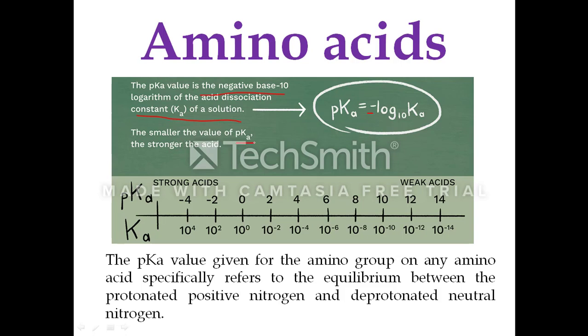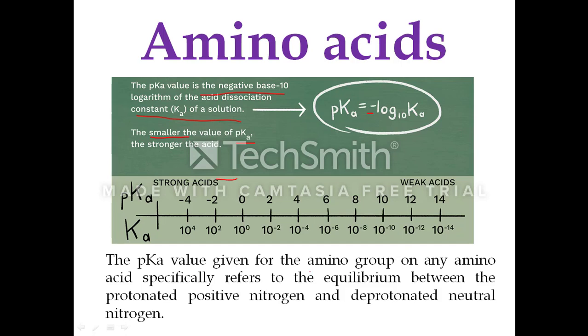If the pKa value is smaller, the acid is stronger. If it is more, then it is weak. This definition is also used for categorizing strong acid and weak acid.